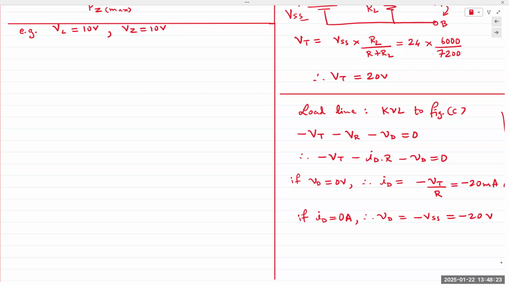So if I was to analyze the circuit, let me redraw it first. The range of VSS is the question mark. So I have the supply voltage VSS, series resistor R, my Zener diode.